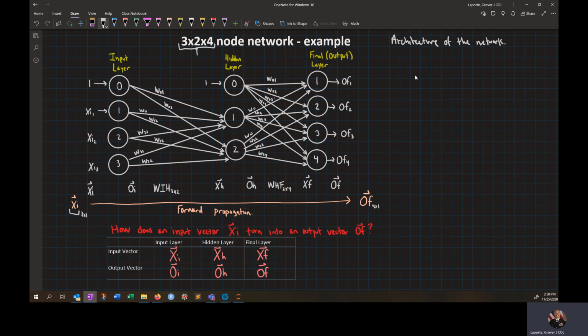So all we're going to do is set X_I, your input, a capital X with a subscript I, equal to the output of your input layer. So these are basically equal. They're the same. And I guess I'll write that.